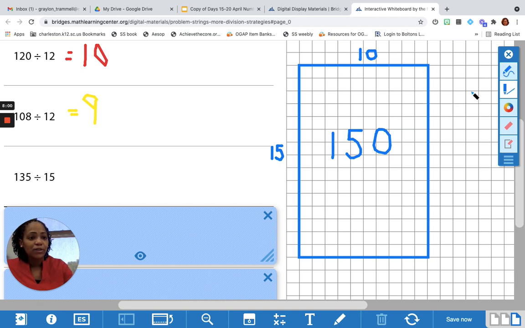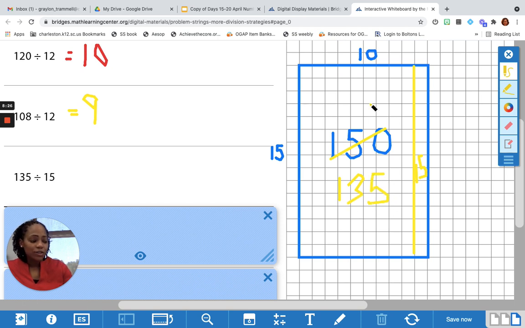So if I were to essentially do this, which is take out a row, kind of like I did for the other problems, and I know that this row is worth 15 of the 150, which makes this section worth how many? 150 minus 15. 135.